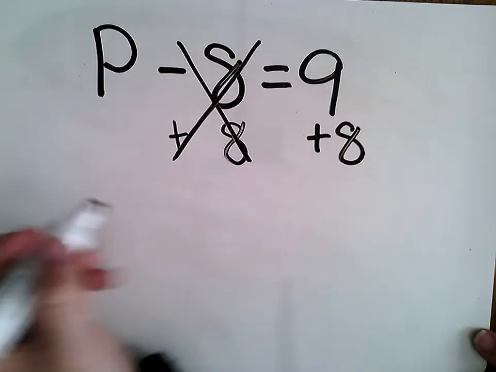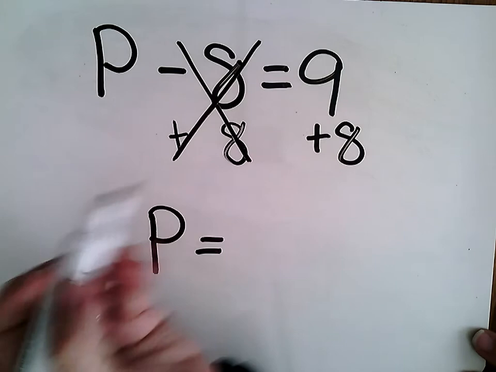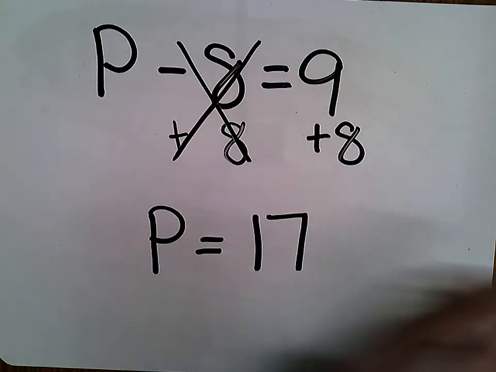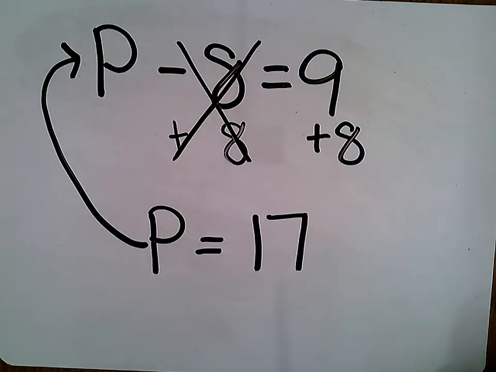Imagine that these are gone. P is left on this side. 9 plus 8 is 17. If I plug 17 back into this problem, 17 take away 8 is 9. So I know that the answer to this problem, P equals 17.